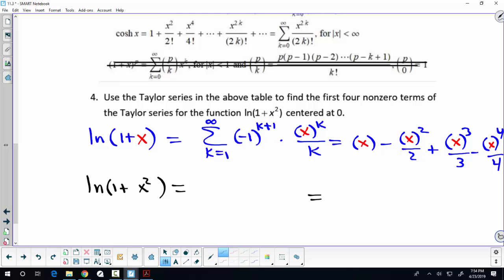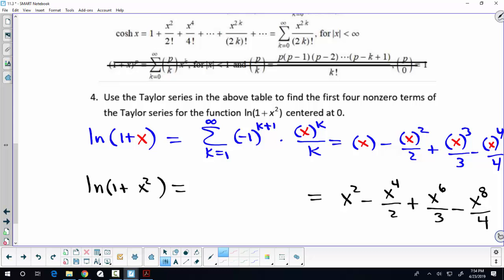So x squared is the first term, and then we have x squared squared over 2, which is x to the 4th over 2, plus x squared cubed over 3, minus x squared to the 4th over 4. So those are the first 4 non-zero terms for that series, ln of 1 plus x squared.